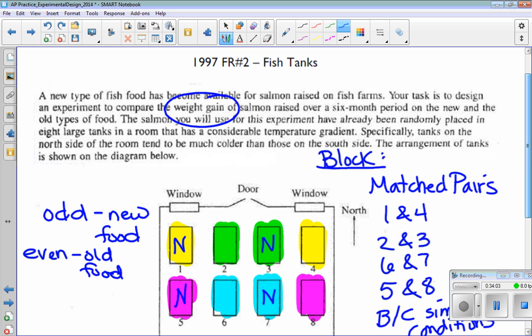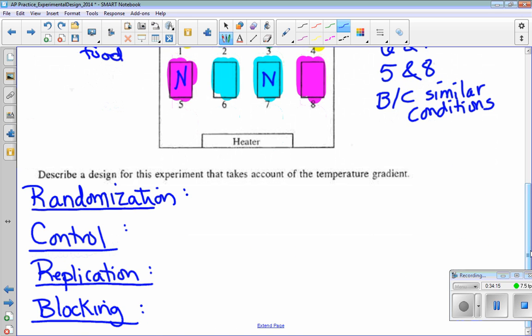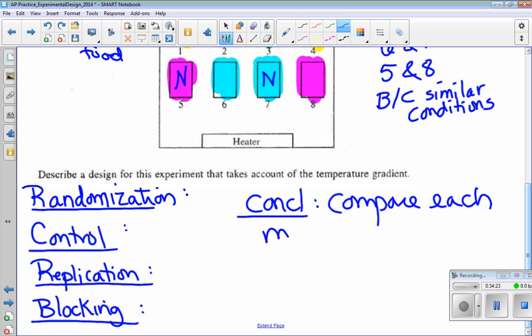So what are we going to be looking for? Which in each pair, right? Which one gained the most weight? And that would be my conclusion. Okay? So, conclusion: compare each matched pair and decide who weighed the most.